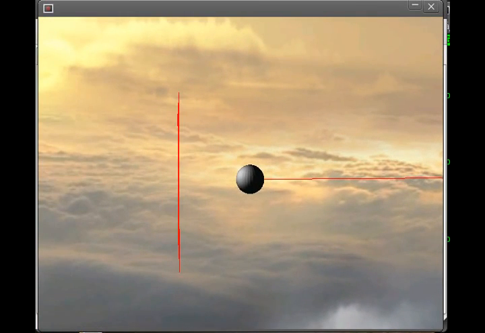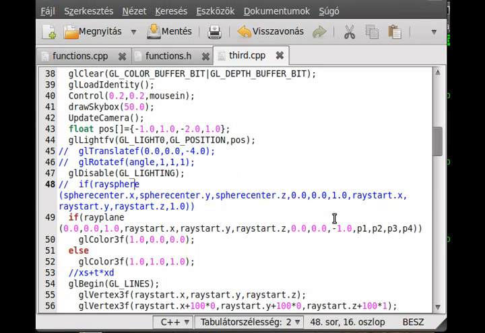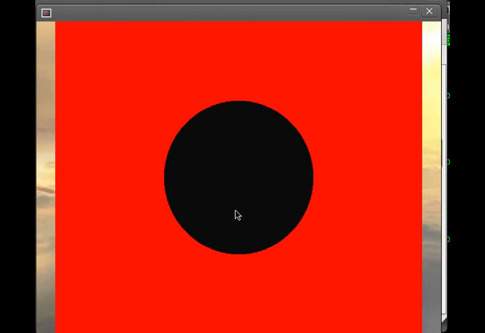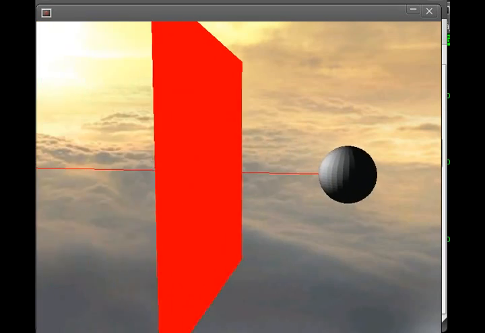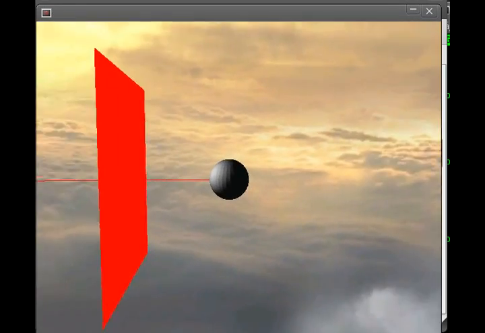Although I changed the direction of the ray, I didn't change the direction of the line which represents the ray. I can fix that very easily: here where I draw the line, so the ray, I set it -1, so the new normal vector, not the old one. So now if I run the program, you can see the direction of the line is the opposite as it was.